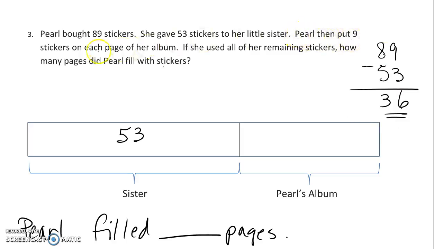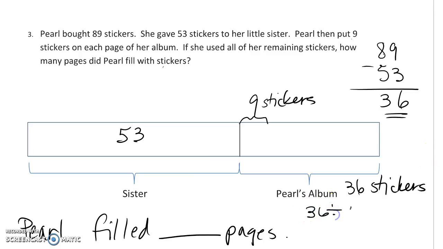Pearl put 9 stickers on each page. So each section here is going to be 9 stickers. And she's got 36 stickers total. So this tells me 36 divided by 9 equals n. What is n?